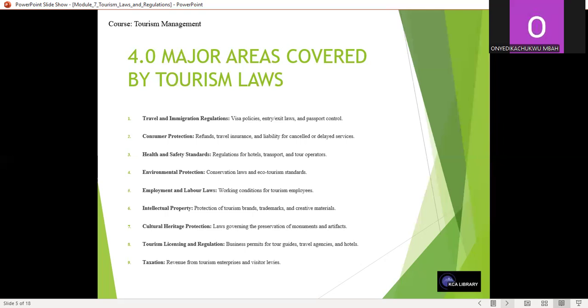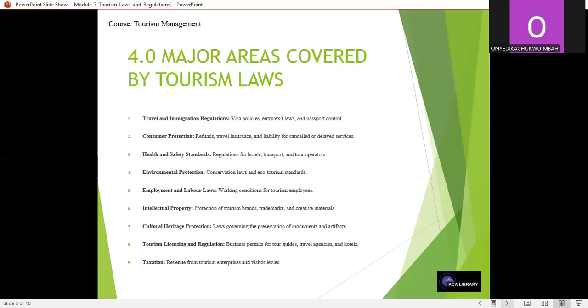Employment and labor law, working conditions for tourism employees. Intellectual property, protecting the tourism brands, trademarks, and creative materials. Cultural heritage protection. These are the laws governing the preservation of monuments and artifacts.